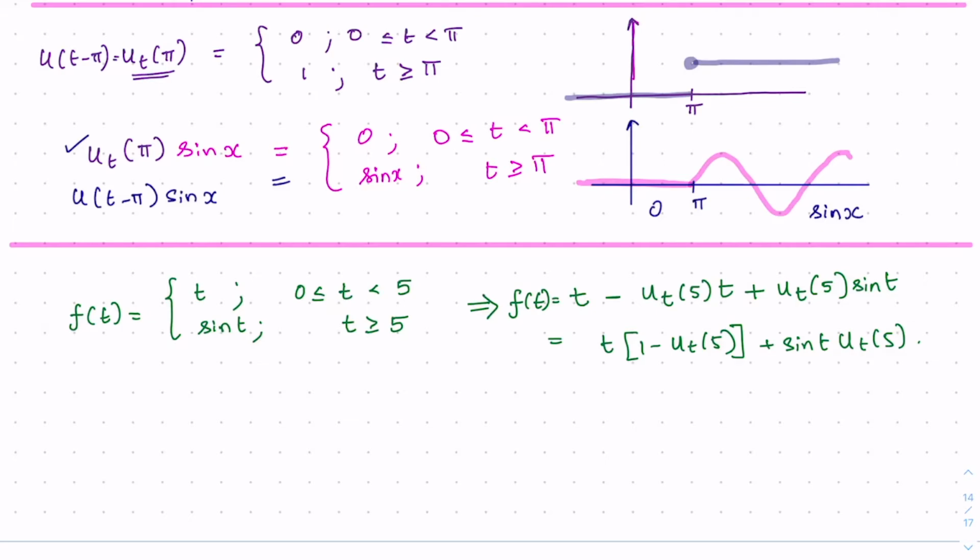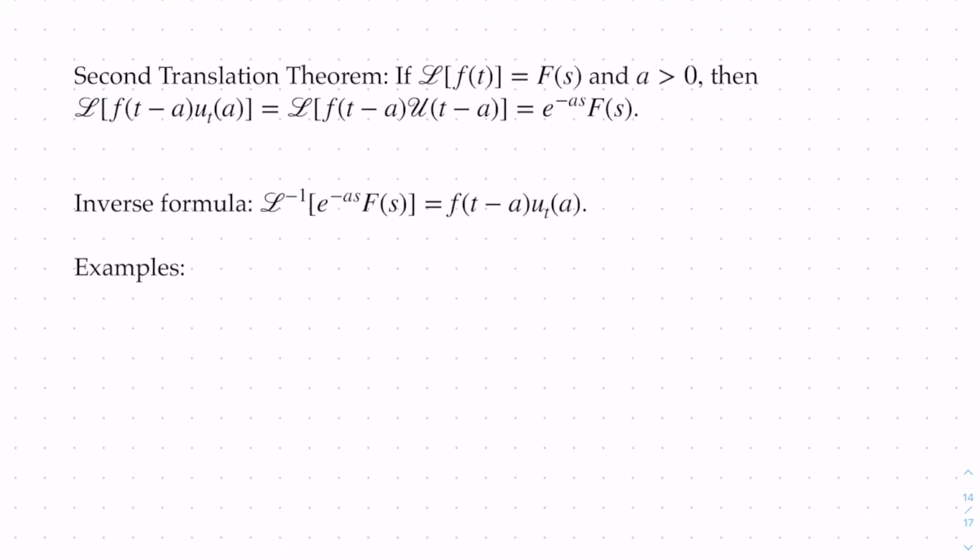Anyways, now let's take a look at how the Laplace transform works with these functions. This is called the second translation theorem, and it says the following. If L of f of t is equal to F of s, and a is a positive number, then the Laplace of f of t minus a times u of t minus a is equal to e to the minus as times F of s.